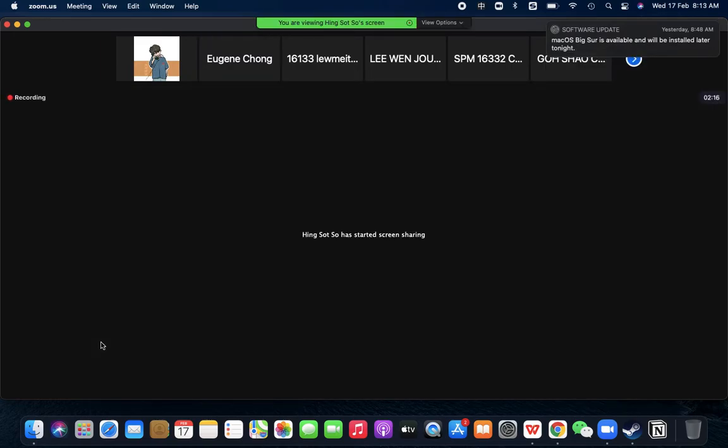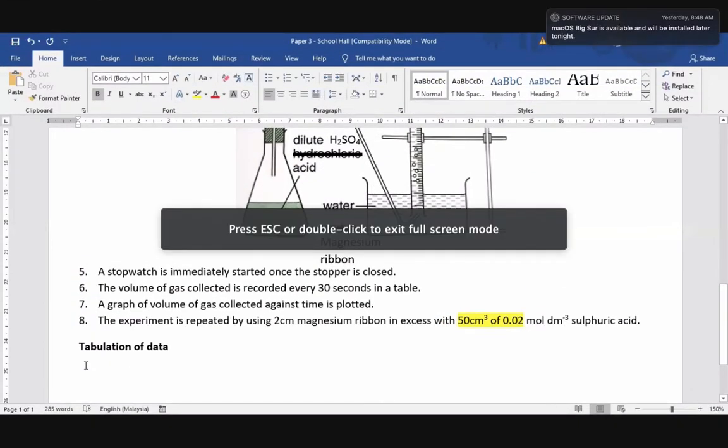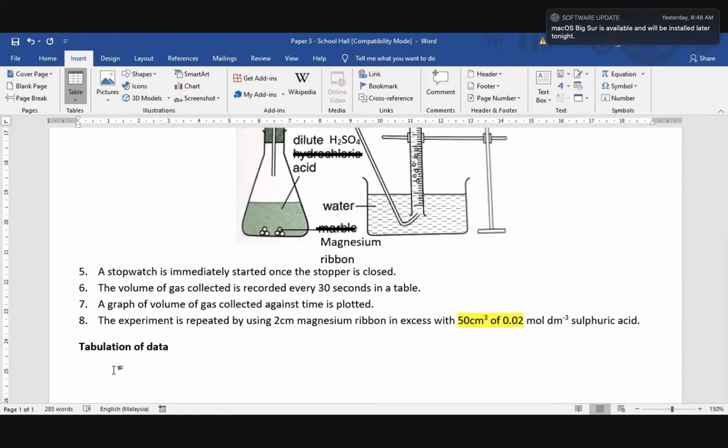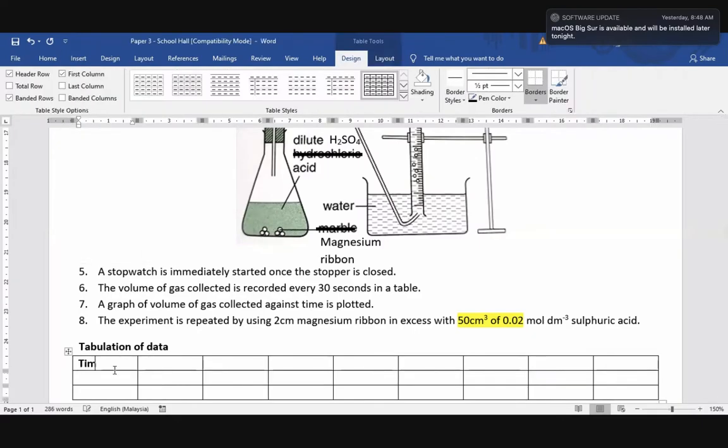Right, we continue on this question again. For tabulation of data, maybe you just put time here, in seconds, right?